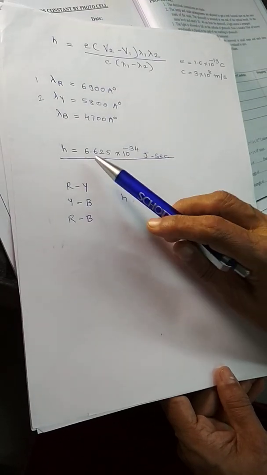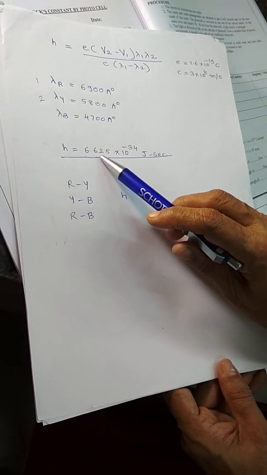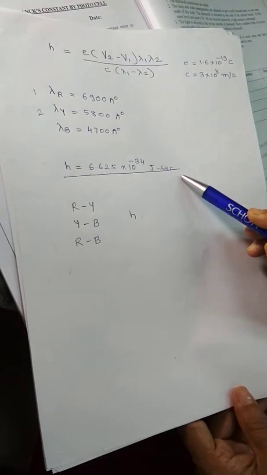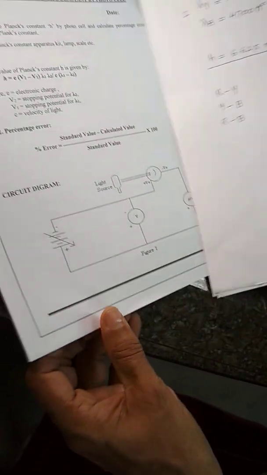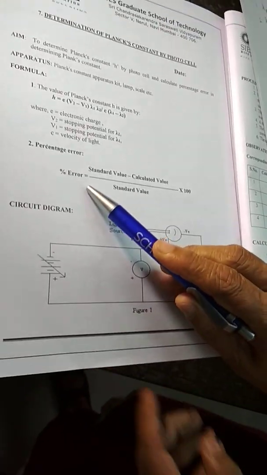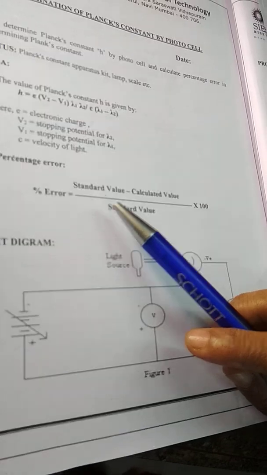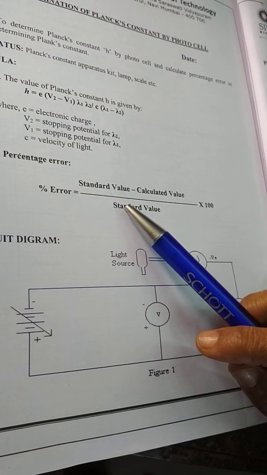The standard value of Planck constant is 6.625 into 10 raised to minus 34 joule second. So in order to find percentage error, when we perform experiment, there are many experimental errors as well as human errors.